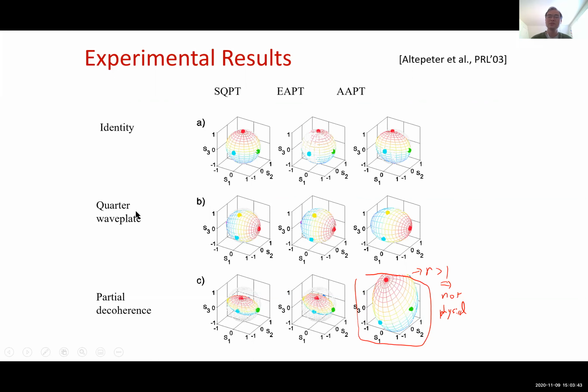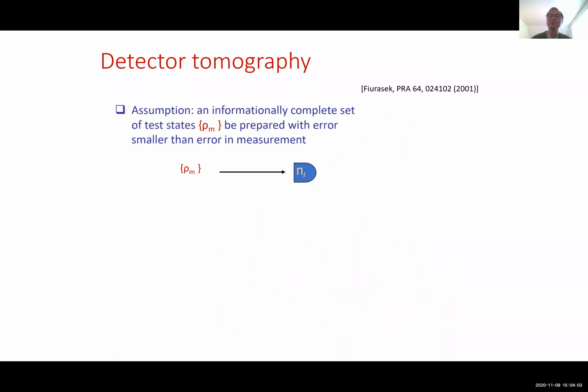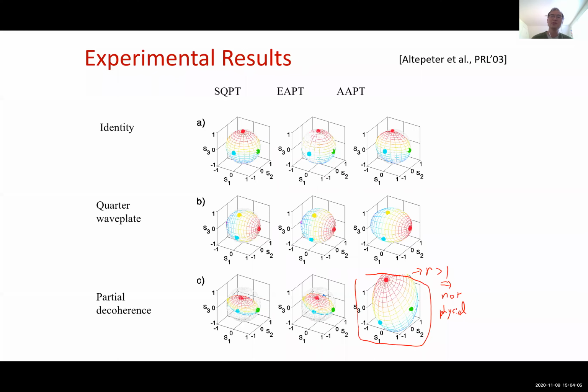So you are recycling the degree of freedom that was used to generate the state, so that actually would induce non-physical action. So that's somehow a limitation of the process tomography. Okay. Any questions?